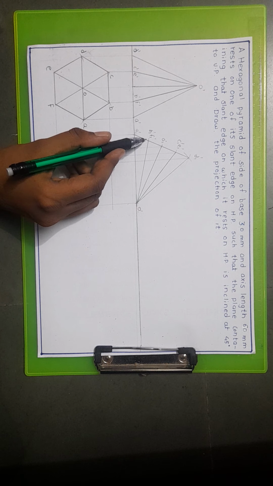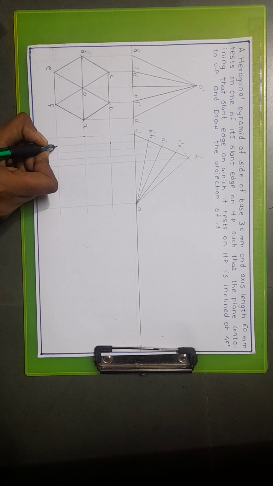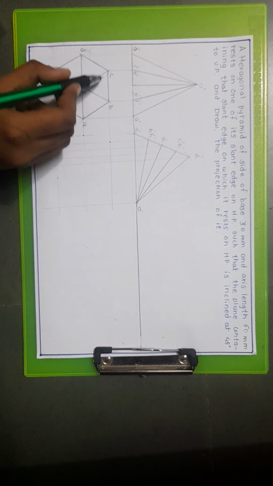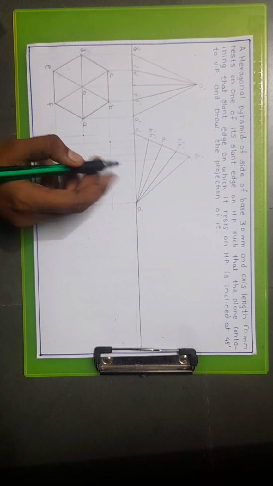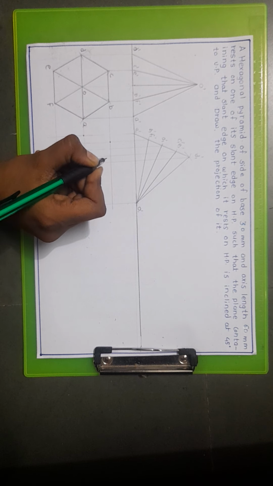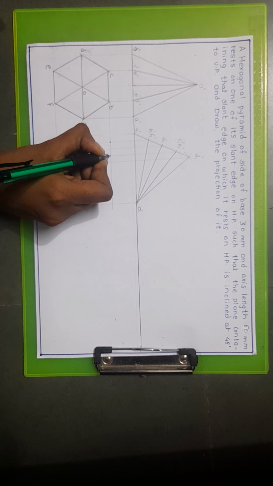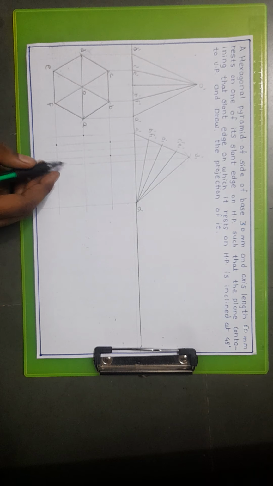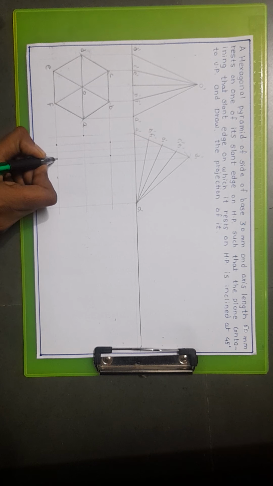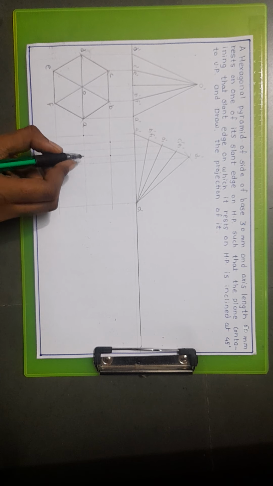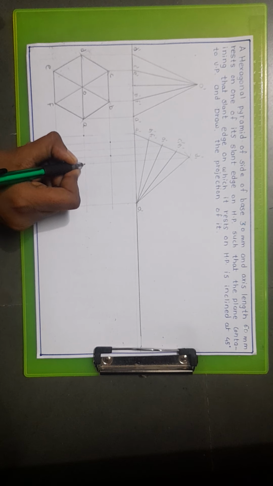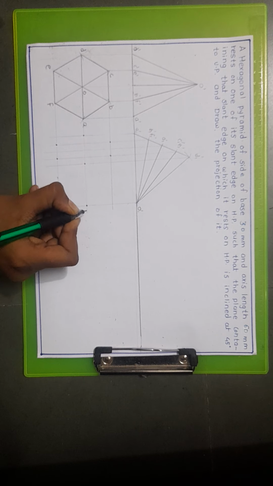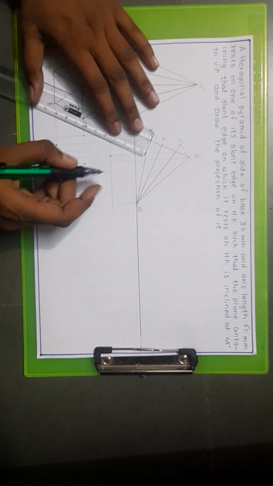Similarly from F1 dash and F, C1 dash and C, E1 dash and E, D1 dash and D, and this is O and O1 dash. I will join all these points.